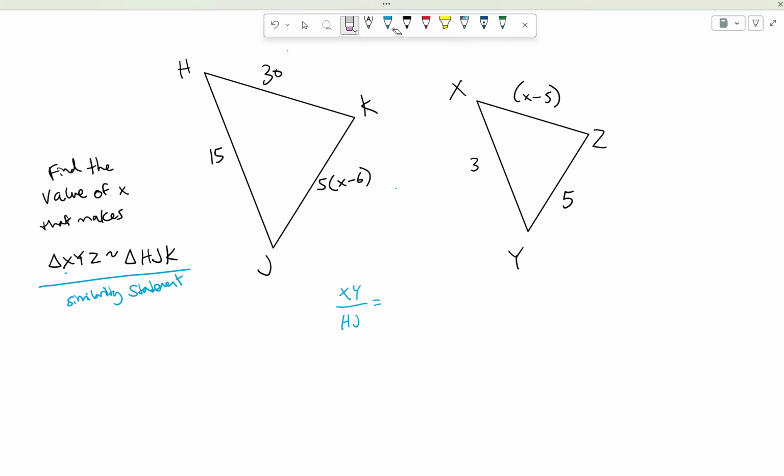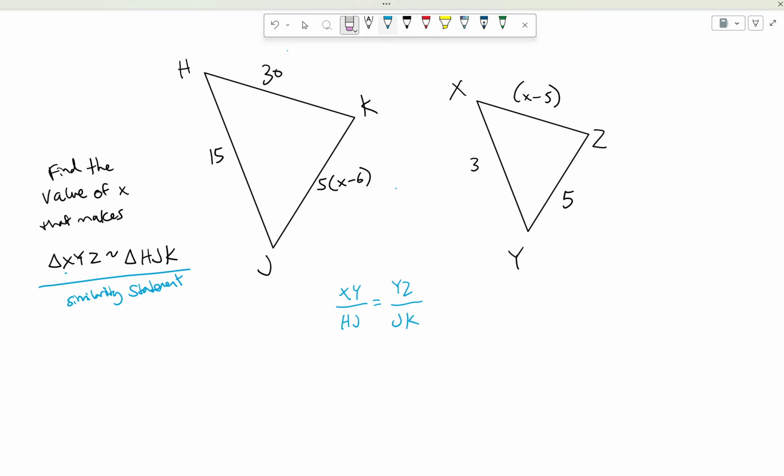And that's got to go down here with HJ, corresponds to that triangle. So JK second and third is going to go with YZ second and third. Okay, so now we have left triangle and we have right triangle, and we are good to go.